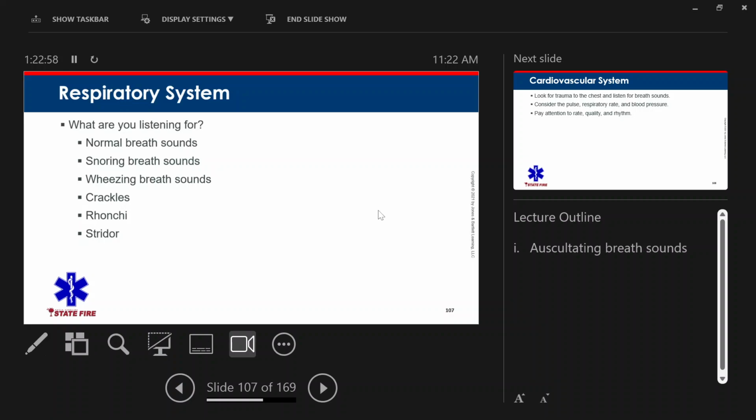It's taking place above the larynx. It's taking place in the nasopharynx, oropharynx, hypopharynx. It's upper. Snoring, stridor, gurgling. Those things suggest that the upper airway needs intervention. While wheezing, crackles, bronchi, those things take place in the lungs, and you would only have heard them by doing what?